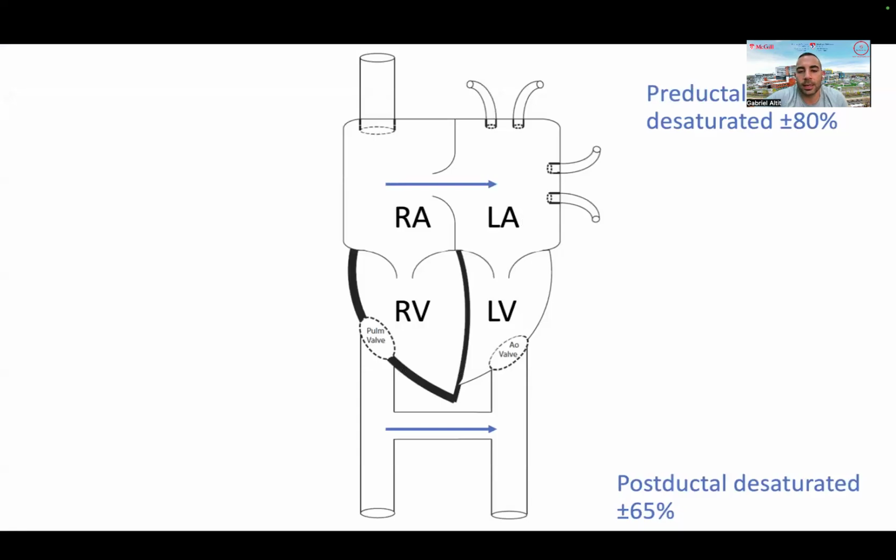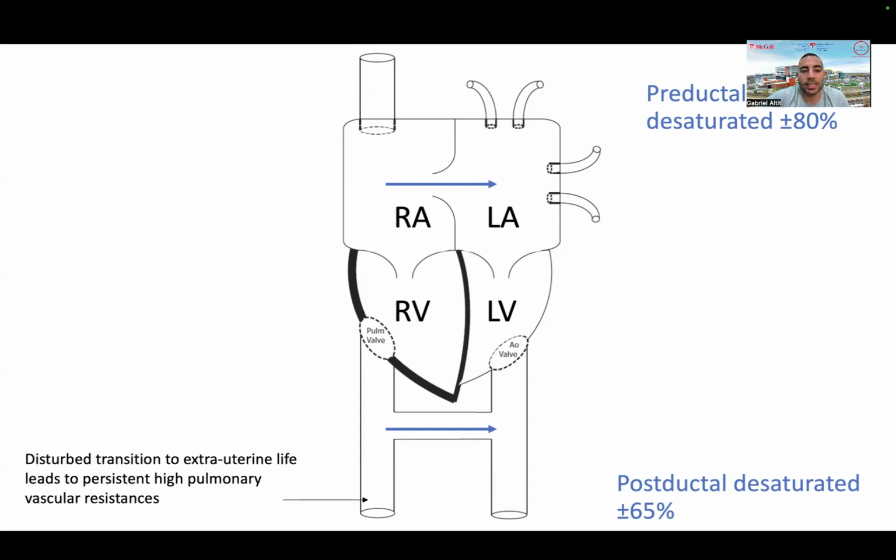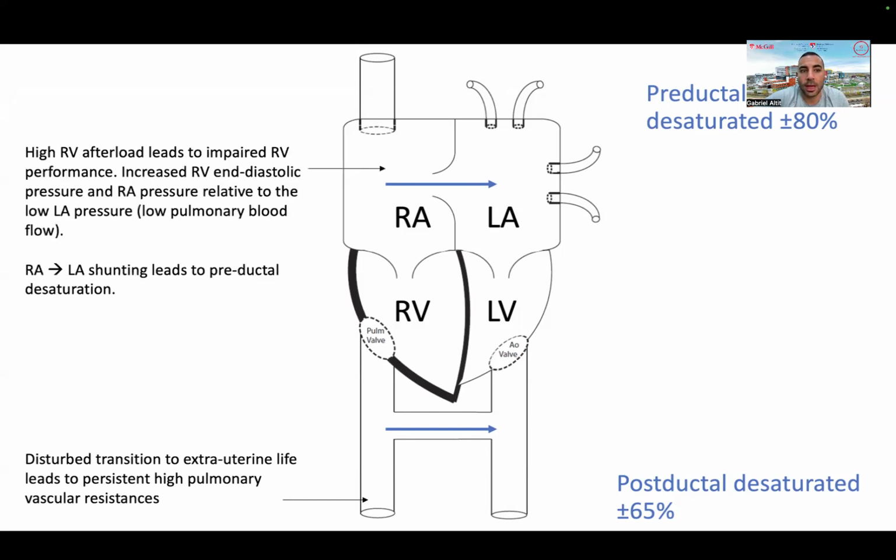First, we have our classic patient, a premature baby born in the context of preterm oligohydramnios. This patient has a disturbed transition to extrauterine life and a persistence of very high pulmonary vascular resistance. Because of that, there's increased RV afterload. There is right to left shunting at the atrial and ductal level because my LA is underfilled and my RA pressure might be a bit higher due to the RV struggling to push against this high resistance.